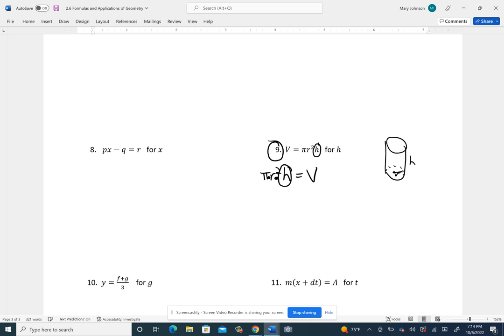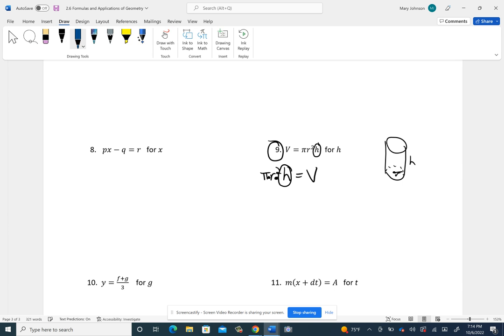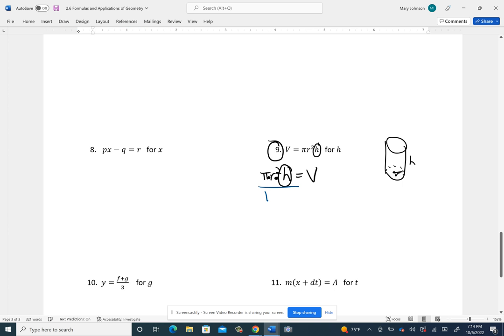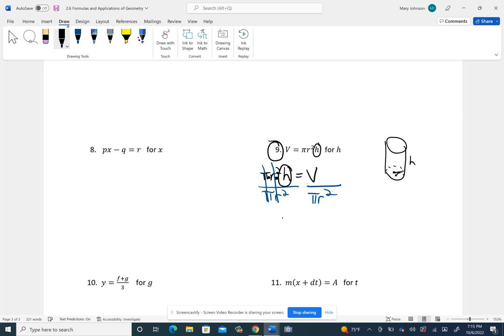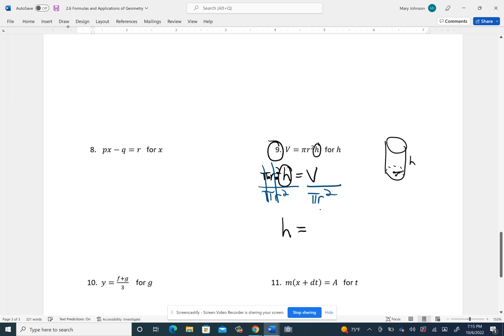So we're going to divide by pi so that cancels, and divide by r squared so that cancels out. But if I do that to one side, I have to do that to the other side. Now we know that h by itself equals capital V over pi r squared. And that's what they'd want you to have done.